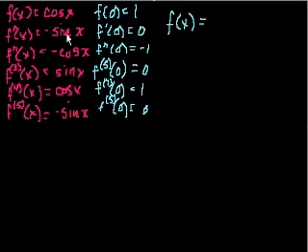So intuitively, if a function equals something at a point, and every one of its derivatives is also equal to the function's at that point, maybe those functions are equal to each other. But I haven't proven that to you yet.